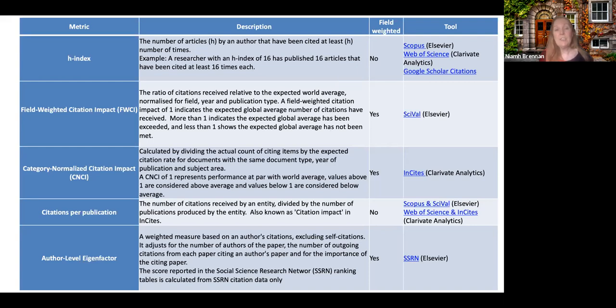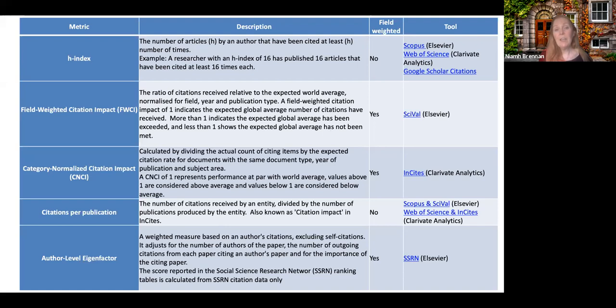The field-weighted citation impact comes from Scopus and from SciVal, and that's the ratio of citations received relative to the expected world average, and that is field weighted or normalized for the field. So they find what the world average citations will be for any given year. So it's going to be normalized for a year. It'll be normalized for the field as well, so it'll be based on the average for the field that is discovered in SciVal. And it's usually also normalized for publication type, so for journal articles.